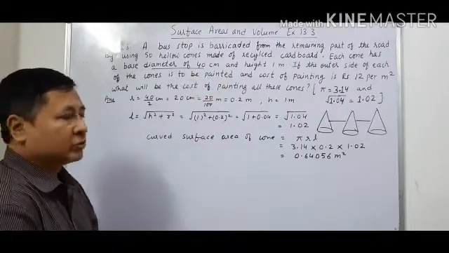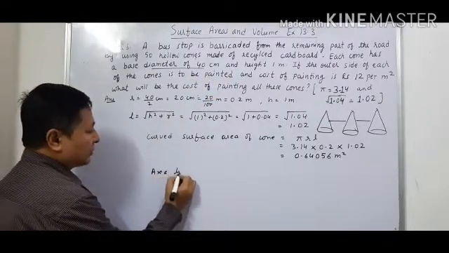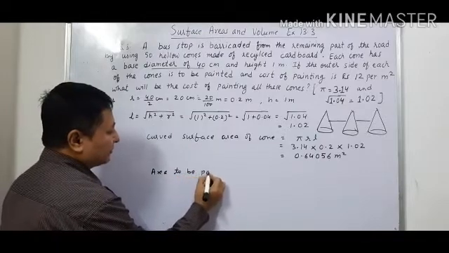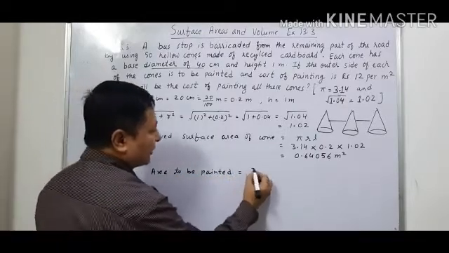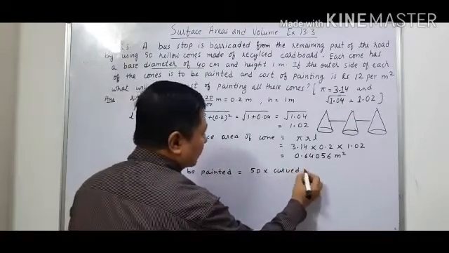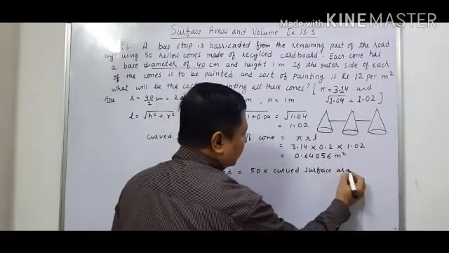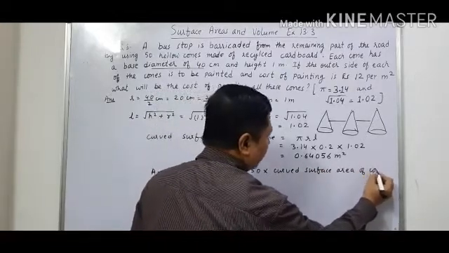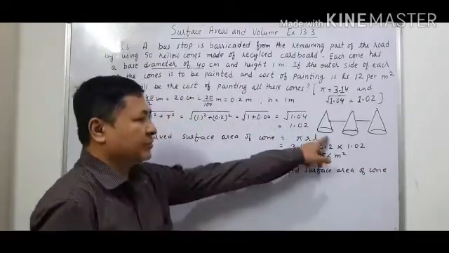Now how many hollow cones are there? 50 hollow cones. So area to be painted will be equal to 50 into curved surface area of cone. So 50 we have to multiply, because there are 50 cones of this type.